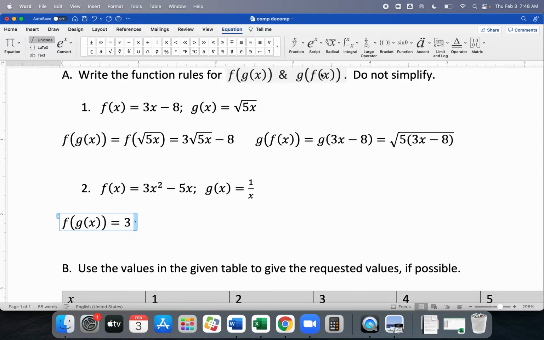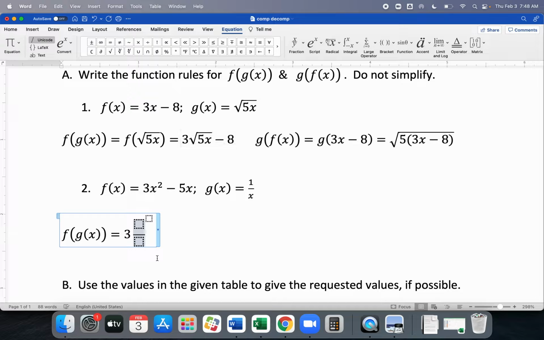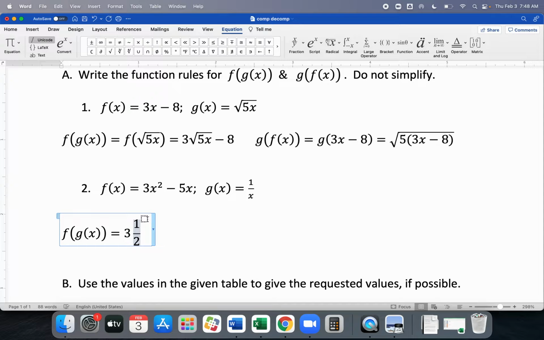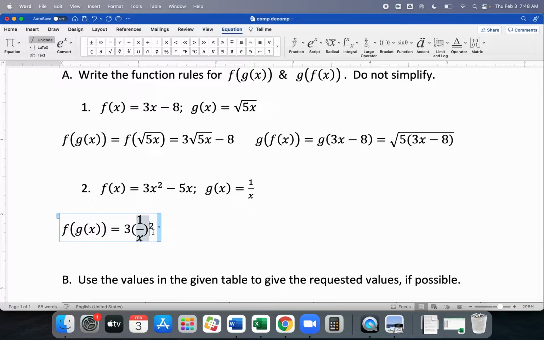I know I'm going to need something squared, and my something is a fraction. Oops. 1 over x squared. And I didn't put the parentheses in. This is like a bad equation editor. So apologies for that, I'll just leave it like that. You know what I mean? 3 times 1 over x squared. It's not cooperating on that one today.